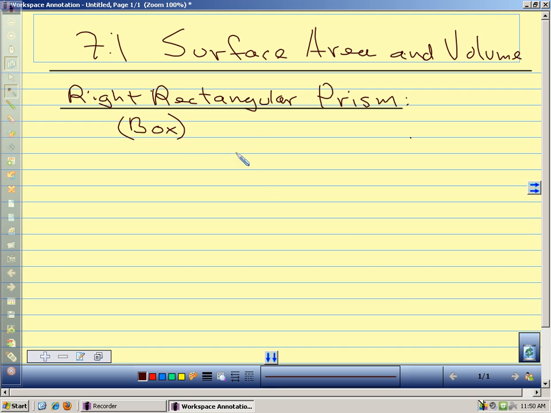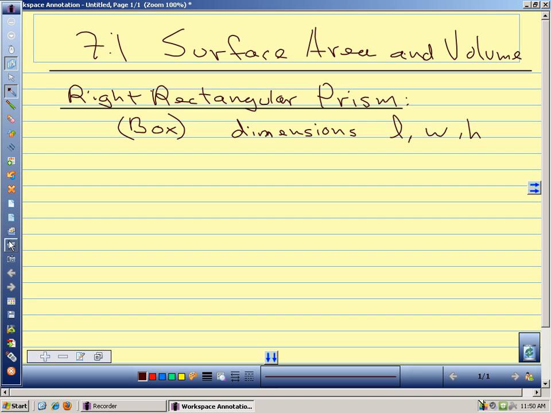And our box has dimensions L, W, and H, length, width, and height. Let me get a picture and we'll label it.